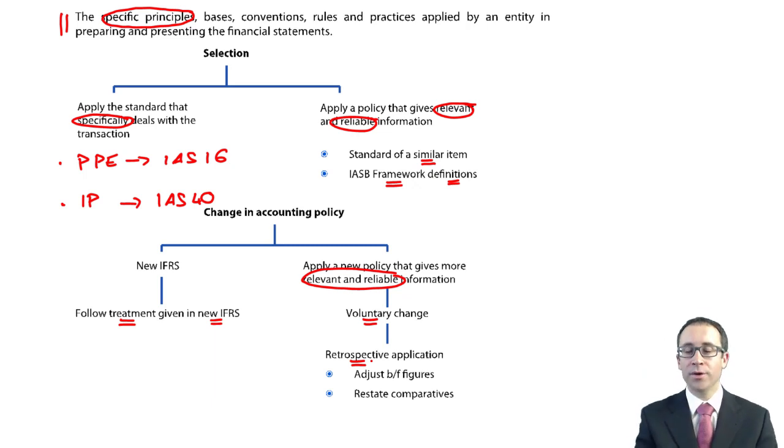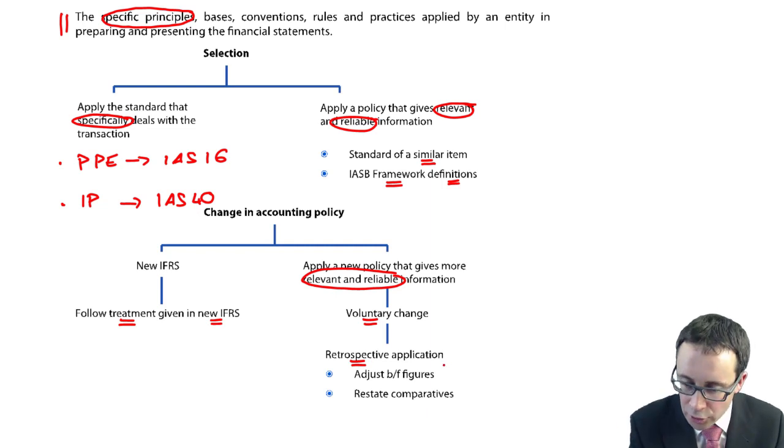So you restate the prior year figures as if you had always had the accounting policy. That will mean that the asset or the liability may go up or down. And then the increase in the asset will give you a corresponding credit entry through profit or loss. You will adjust your brought forward figures.